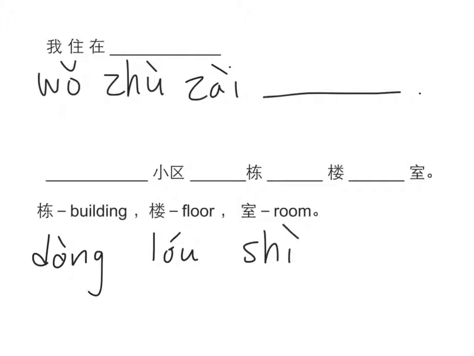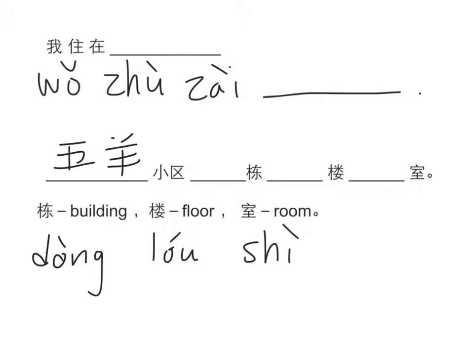So if you're asked 你住在哪里? You will answer 我住在 the name of the 小区, and then whichever 栋, which is the building, and then whichever 楼, which is the floor, and then whichever 室, which is the room. So let's make that into a sentence right now. So if you ask me 你住在哪里? I'm going to name my 小区 the same one as in the book, 五羊.